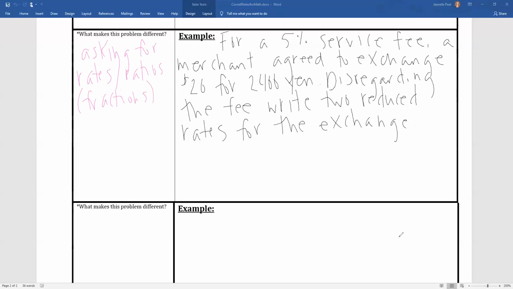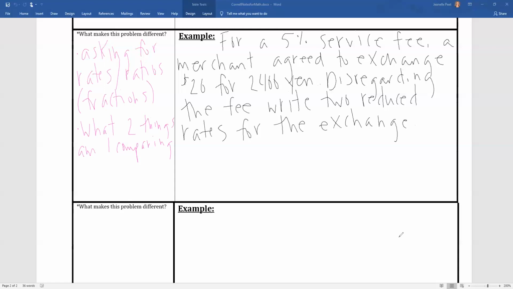All right, so what two things am I comparing? Well, in this problem, I know it's dollar bills or American dollars to yen.